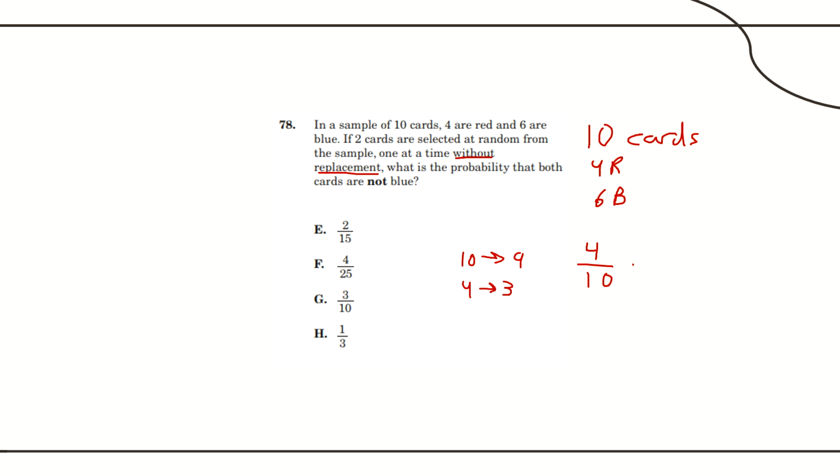So now, on the second iteration, we would have 3/9 because there's 3 red cards left and we still want to draw one of them. So this is equal to, if we simplify this fraction, we get 2/5 times, and then 3/9 simplified is 1/3. This is equal to, we multiply the numerators and the denominators, 2 divided by 15. So E is the answer to this question.